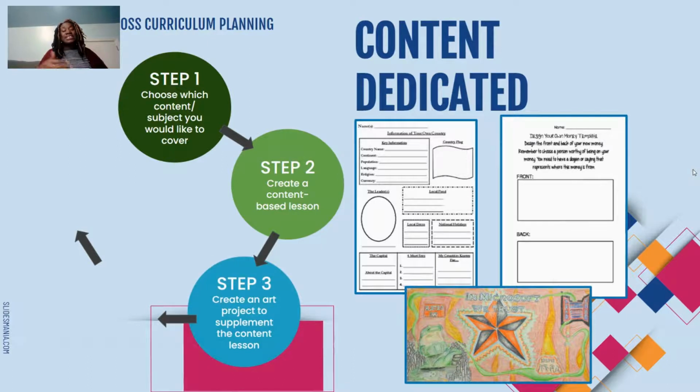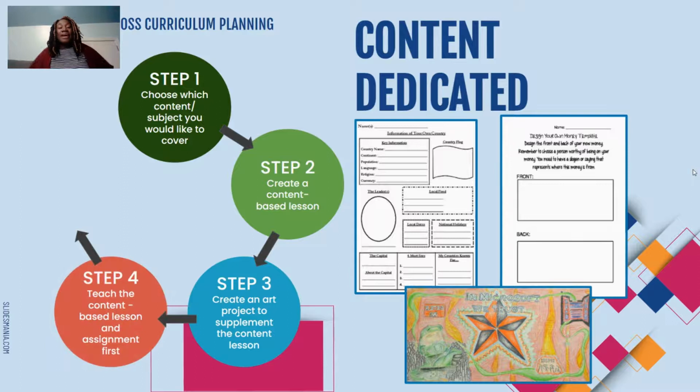The third step is then you're going to create an art project to supplement that content lesson. Okay, how are they going to show that they learned the information visually and make it fun and interactive? All right, and in the fourth step, you're going to teach the content-based lesson first, along with the assignment that goes with it, just to make sure that they are grasping the information that you're giving to them.